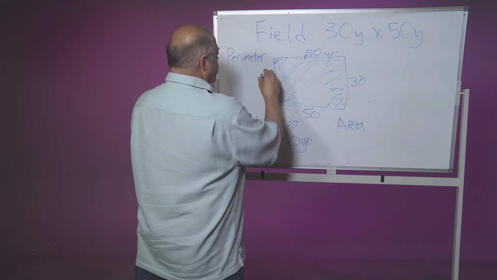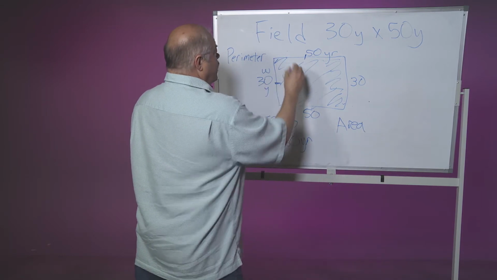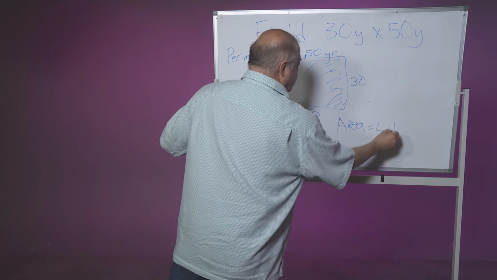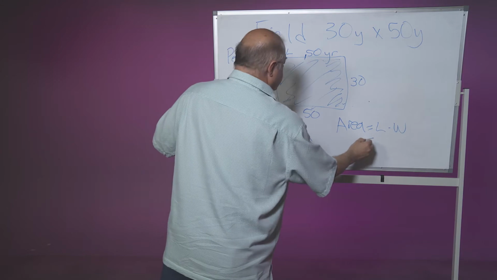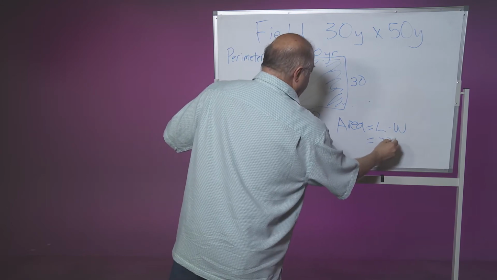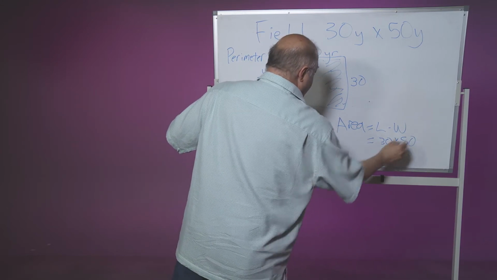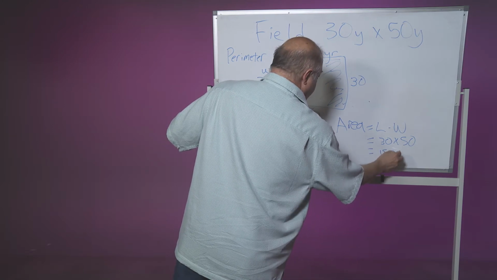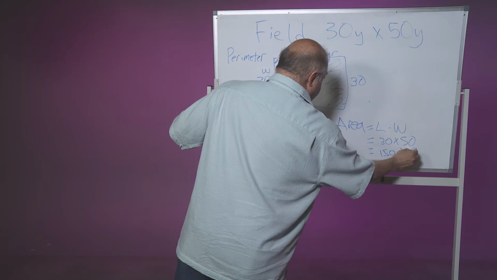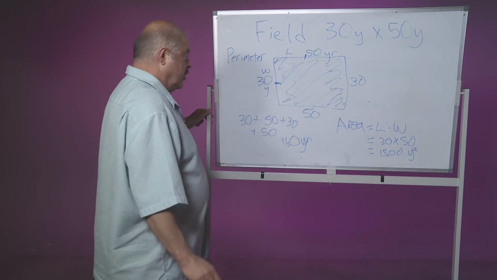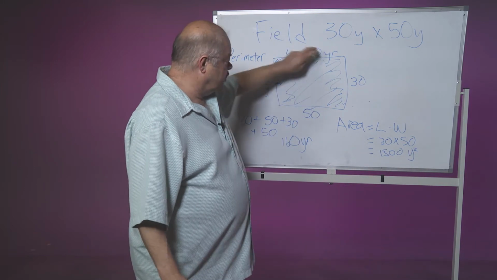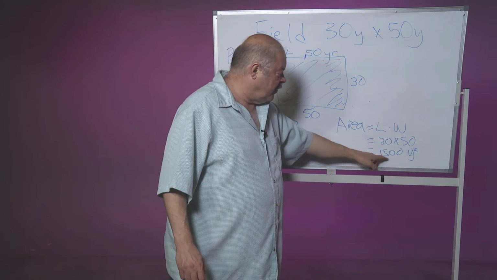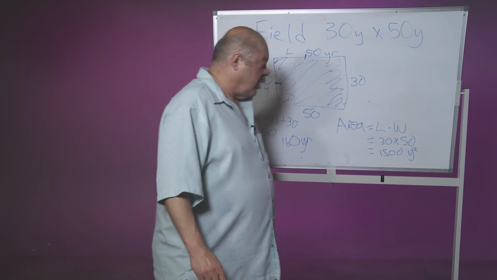Some people might mark this as the width, and this is the length, so the area is going to be the length times the width, which is 30 times 50. And what is that, 1,500? Square yards. It's the area, so it would be 30 times 50, which is 1,500 square yards.